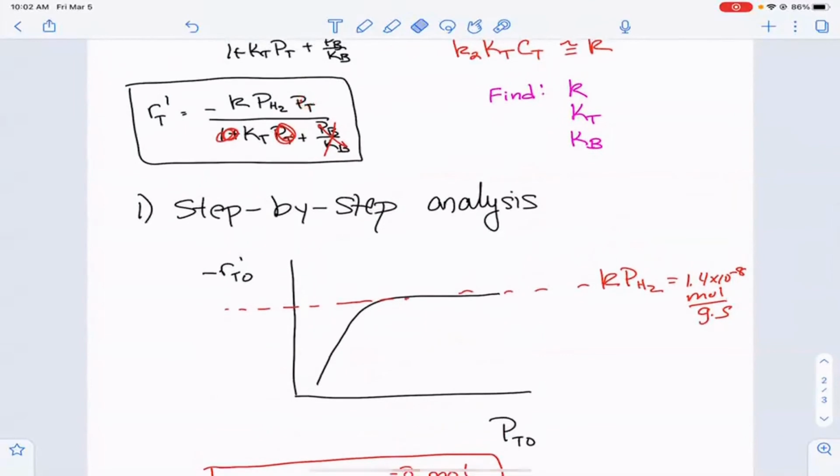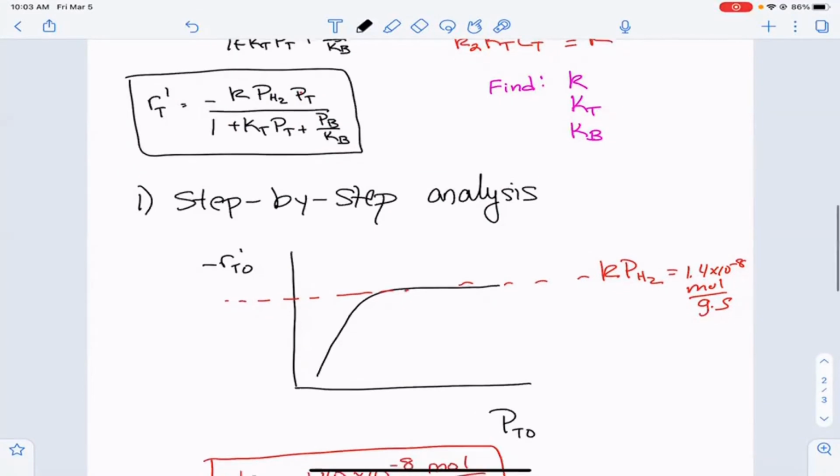So our rate law is here: RT prime is equal to minus K times P hydrogen, P toluene over 1 plus KT PT plus PB over KB. So I'm going to start by taking the inverse of this expression.